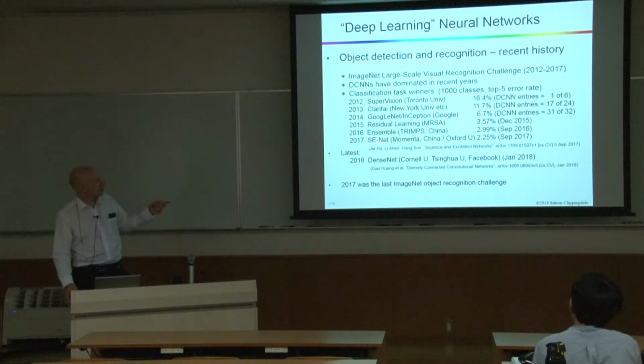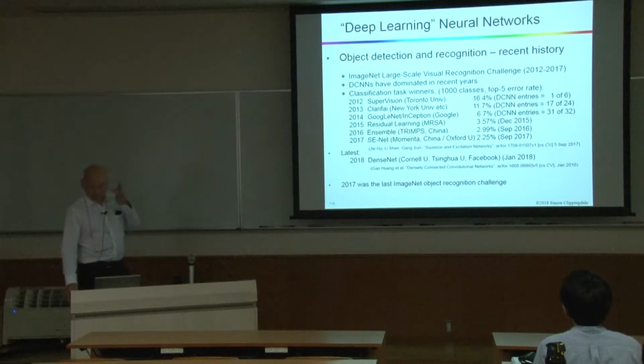A thing called SENet, squeeze and excitation, from people in China and Oxford University, got it down to just over 2%. And at this point, it was deemed that the data set used for this challenge was just getting too easy.